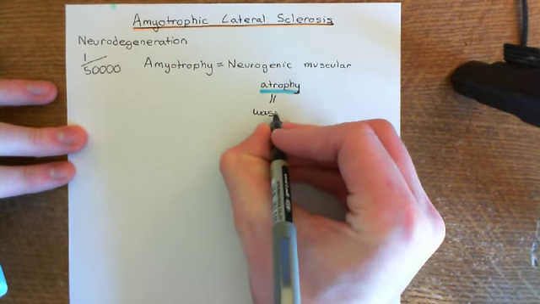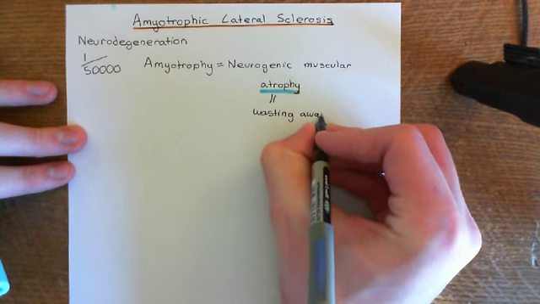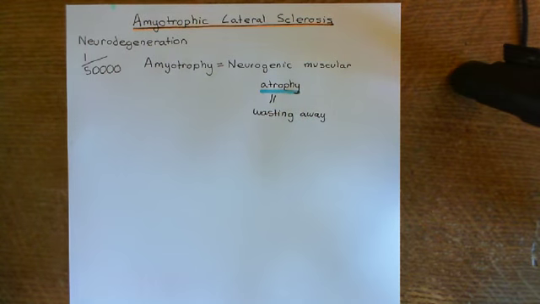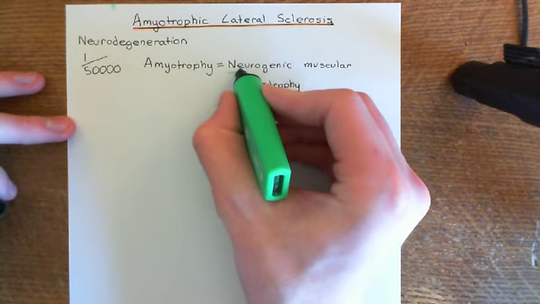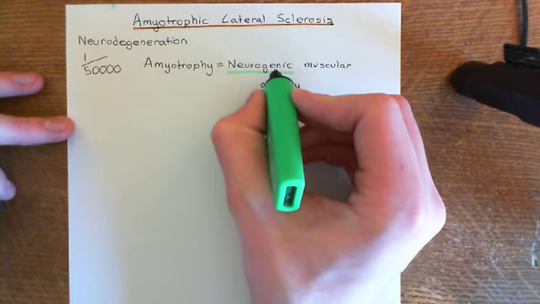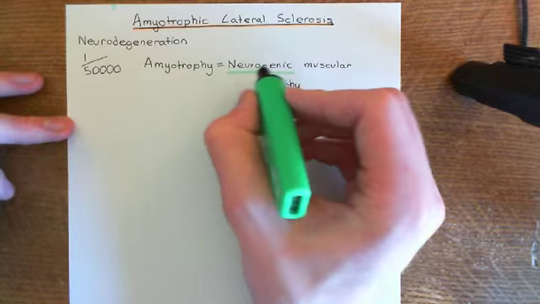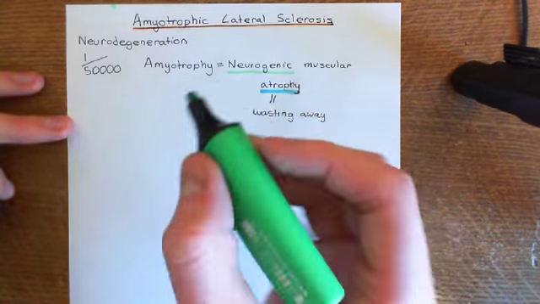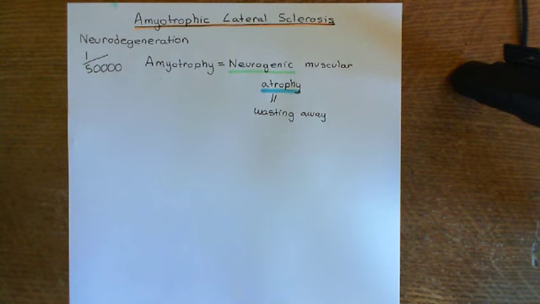So in amyotrophy, you get wasting away of the muscles, and then the word neurogenic, what does that mean? Well, this means that the reason the muscles are wasting away is something to do with problems on the level of the nerves that innervate them. So the reason the muscles are going to atrophy in amyotrophic lateral sclerosis is because they no longer have motor neurons innervating them.